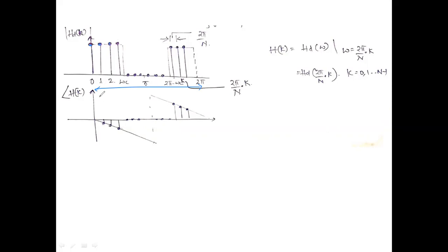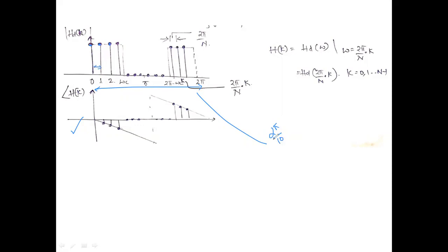By the way, this is the phase, but let's talk about the magnitude first. Since the entire duration is 2 pi, suppose I take 10 samples, say my order is 10, then the interval between two samples is going to be 2 pi by 10.